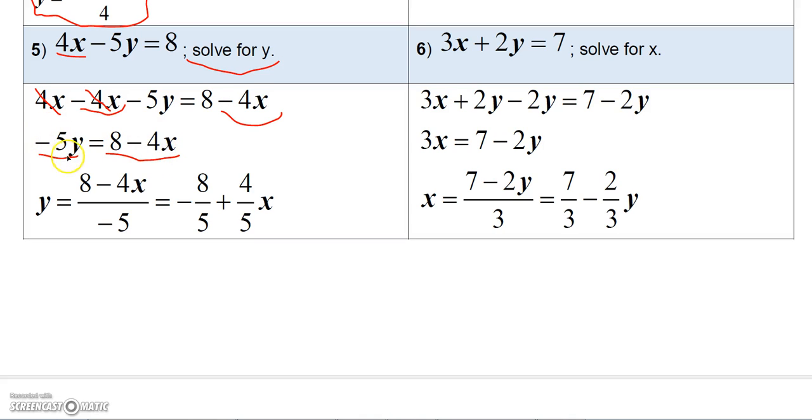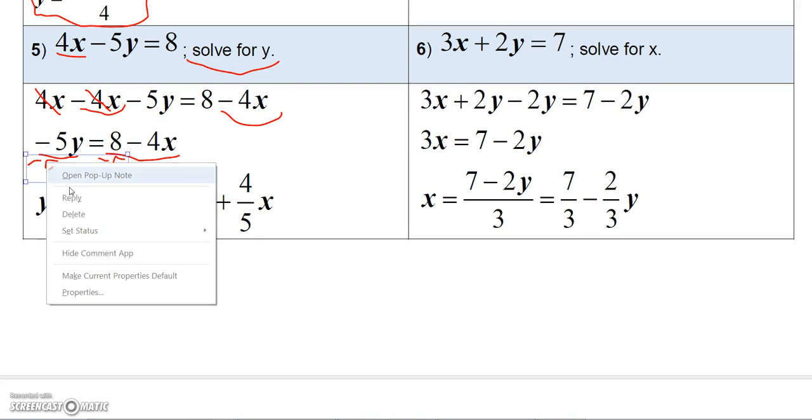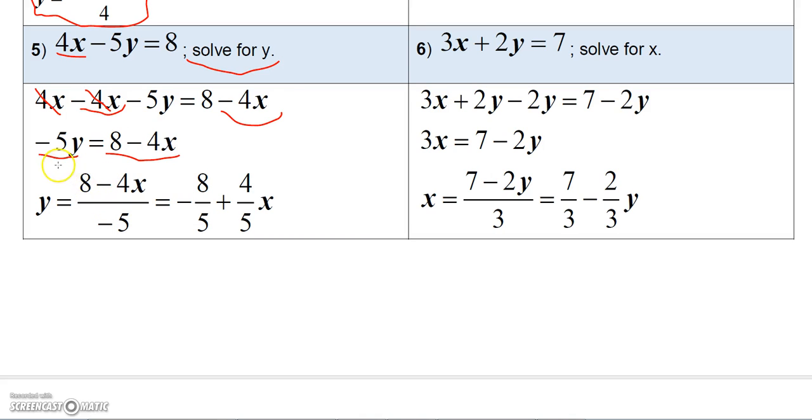Now, to get y by itself, I need to divide both sides by negative 5. So I would divide this entire expression by negative 5. So let me get that out of your way there. If I divide this by negative 5, I just get y, and if I divide this by negative 5, I get 8 minus 4x over negative 5.